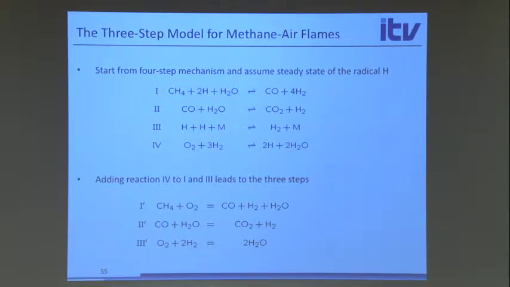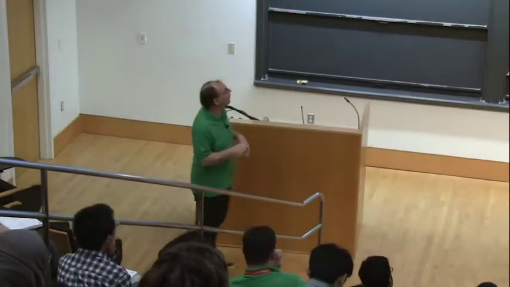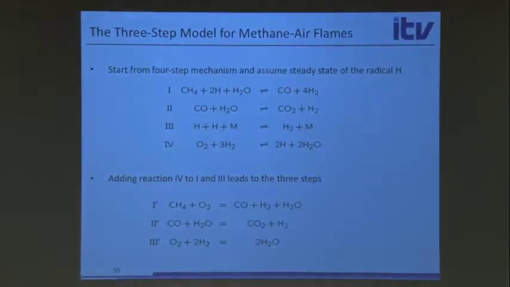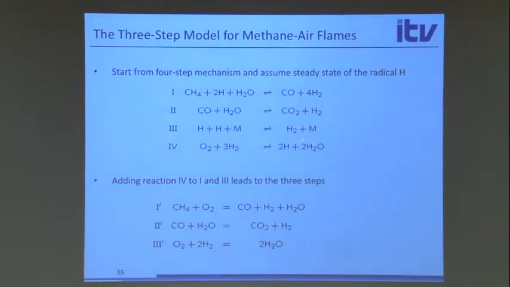So now you see even more clearly what we knew before already. This forms CO and H2, this oxidizes the CO, and this reaction oxidizes the H2. Here you see the same thing without the radicals.